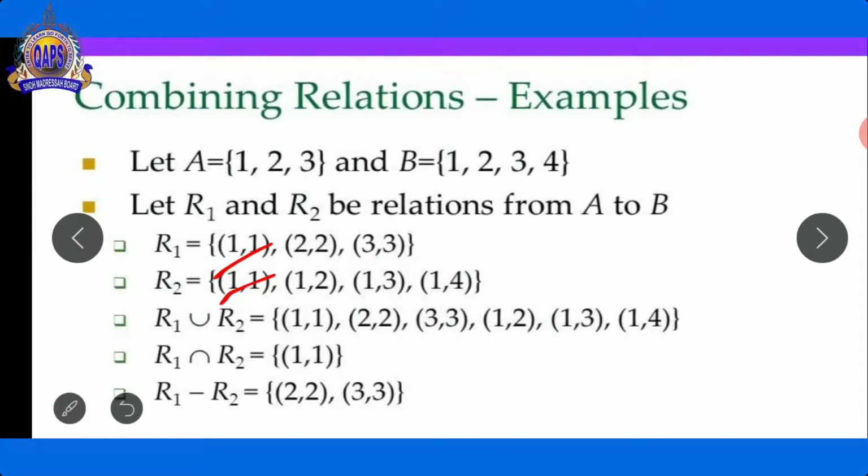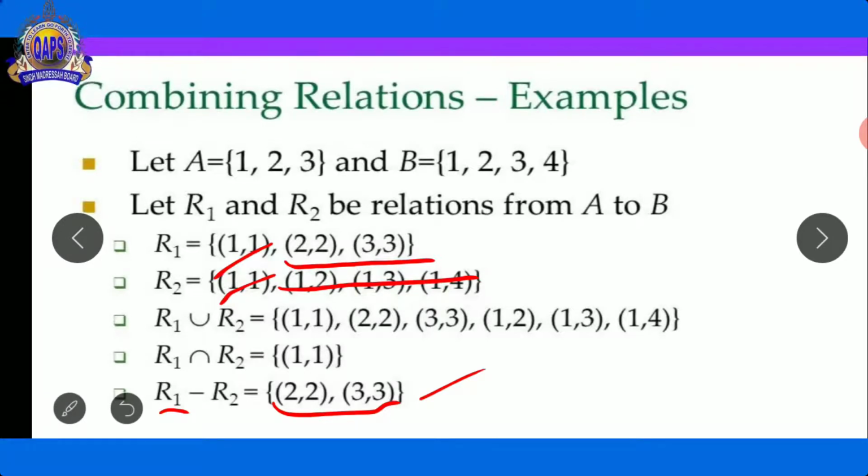We choose only the elements of the first relation written here, but we do not choose the elements of the second relation. So this is our answer for the difference between relation 1 and relation 2.